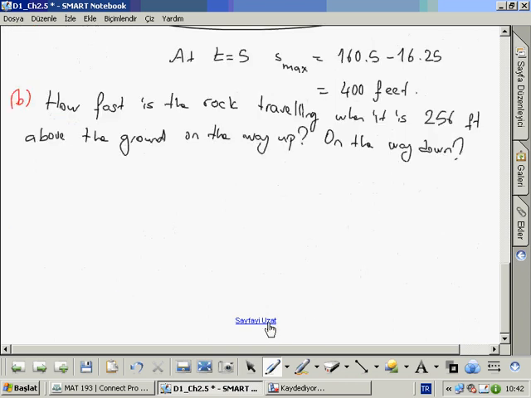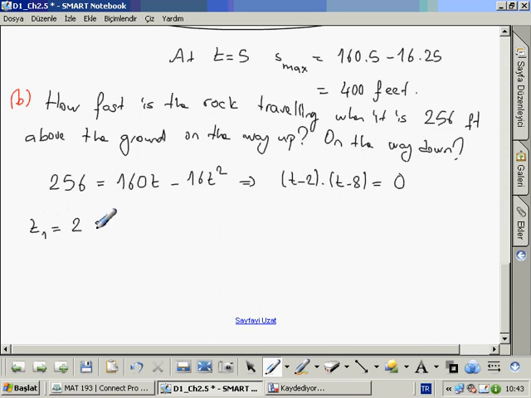That means S equals 256, so 256 equals 160t minus 16t square, right? When you simplify it, t minus 2 times t minus 8 equals 0, and after that we can say t1 equals 2 seconds.